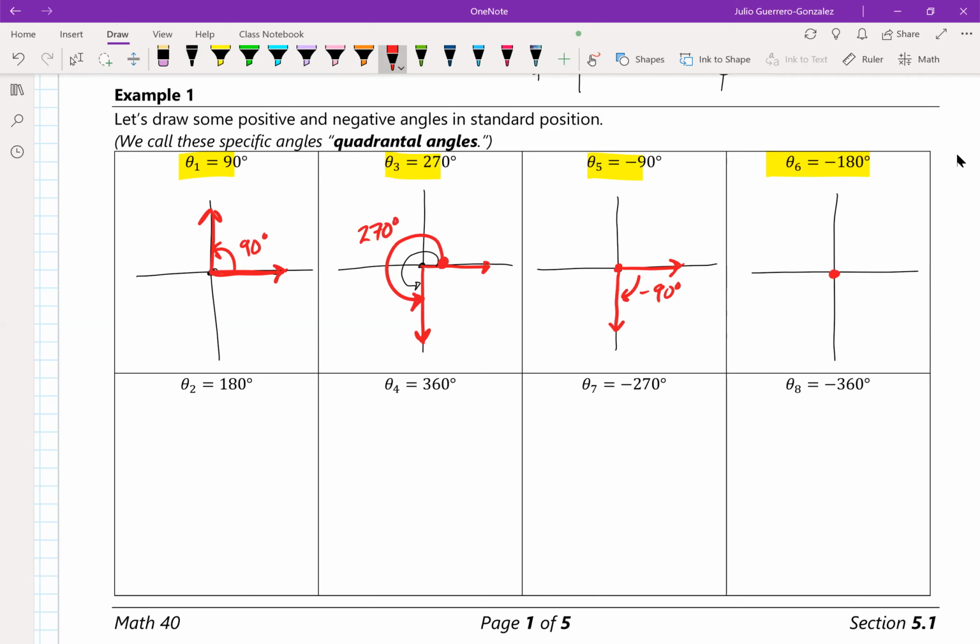Here's my initial side, and I need to go negative 180 degrees. So again, I need to go clockwise 180 degrees, and that's halfway across. So this is my negative 180 degrees. Got it?